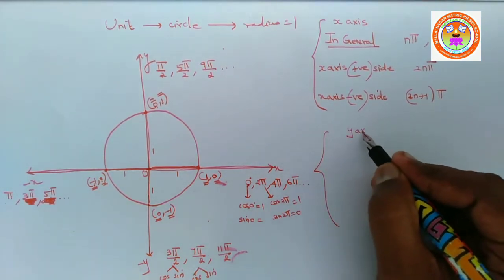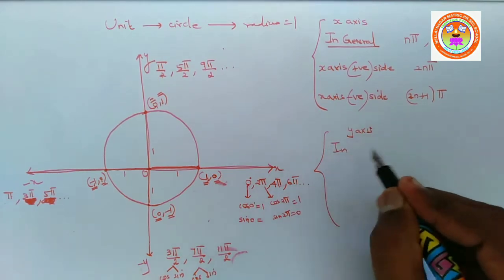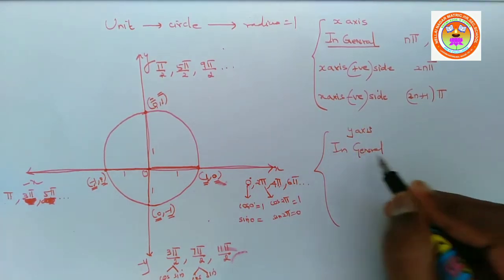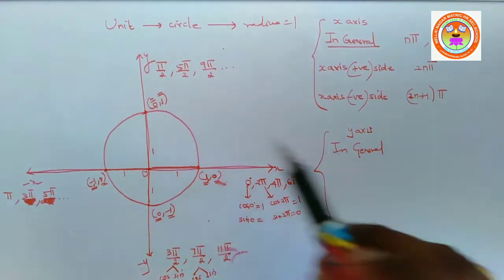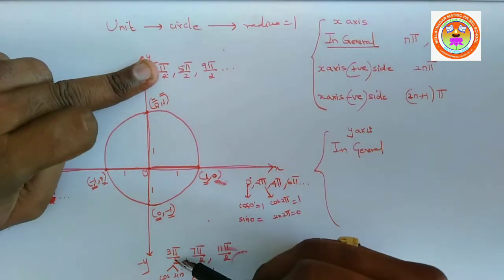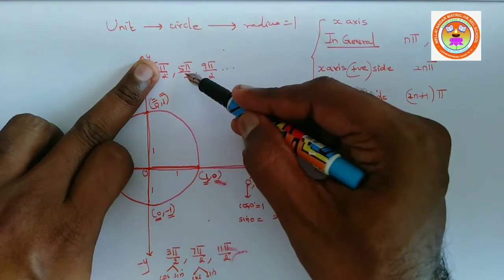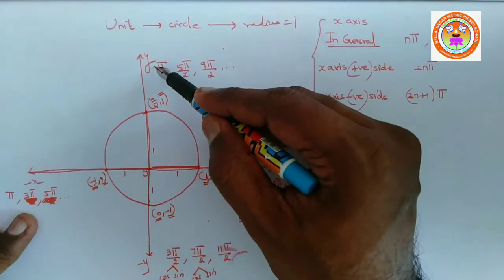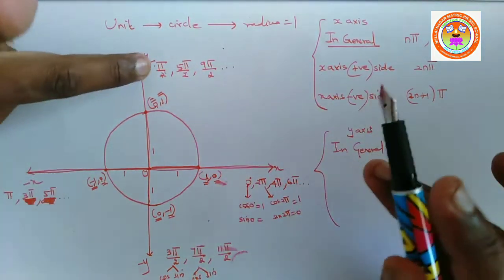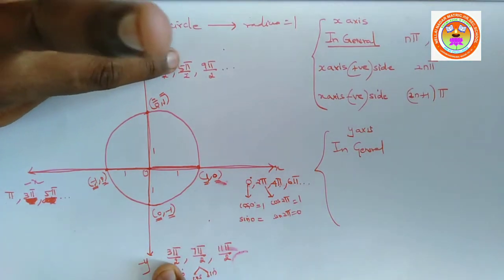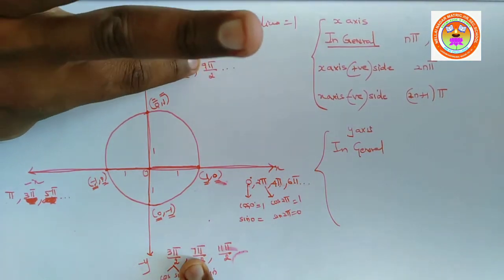Y-axis, first in general. We need to choose in general. You see, here pi by 2, here 3 pi by 2, here 5 pi by 2. Leave the pi by 2: here 1, 3, 5, 7, 9, 11.